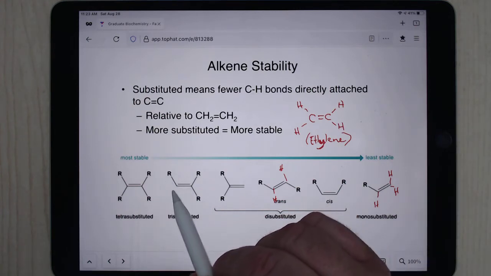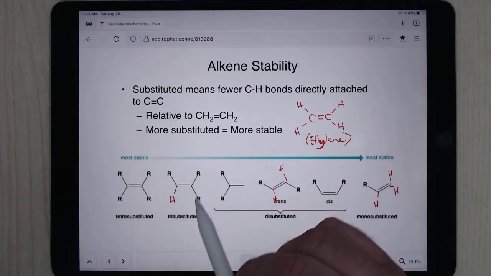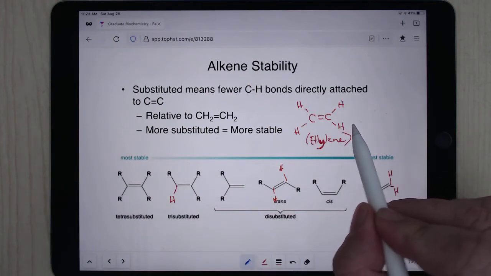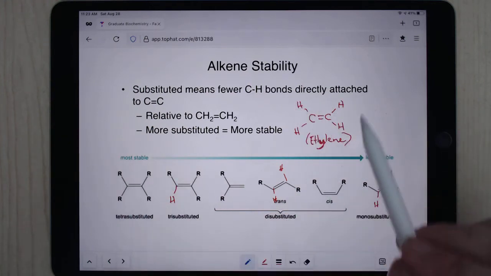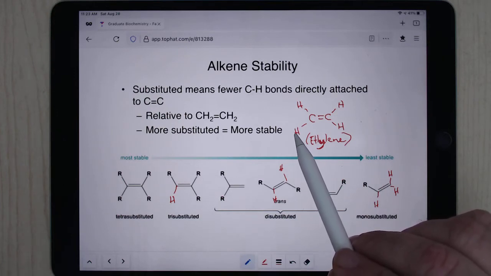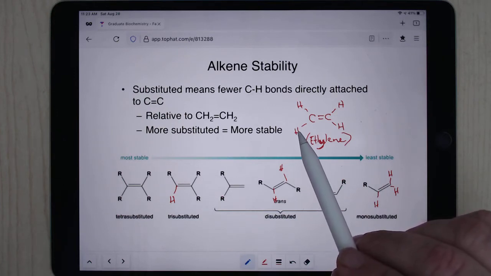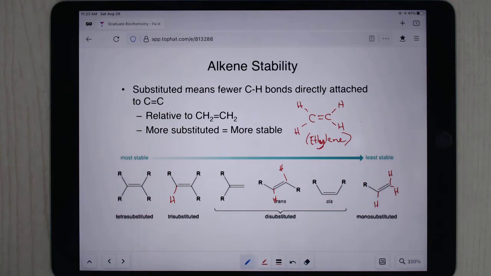For trisubstituted, we've swapped out 3 of these. And for tetrasubstituted, that means we've swapped out all 4. And it turns out the more substitutions you have, the fewer the hydrogens you have directly on the alkene, the better.